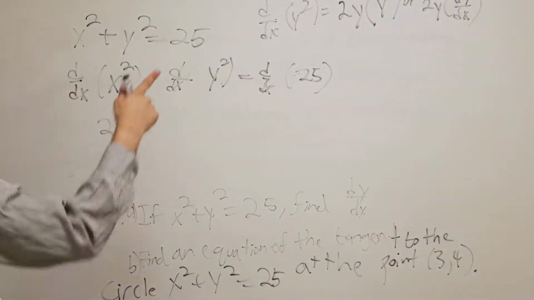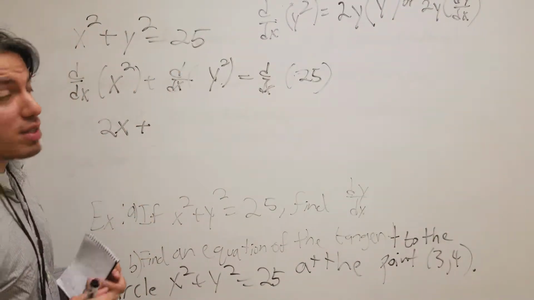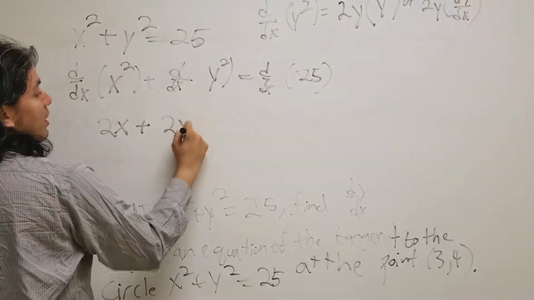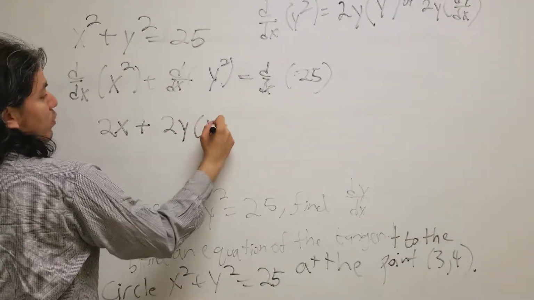For neatness, I'm going to use y prime. So it's 2y times y prime.